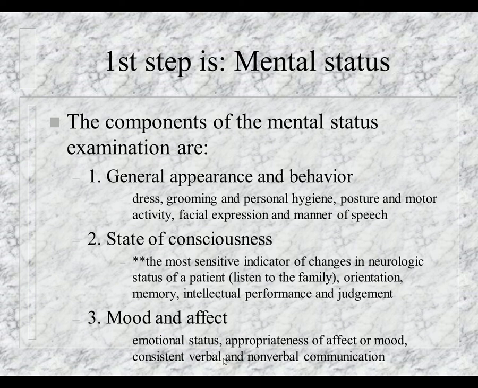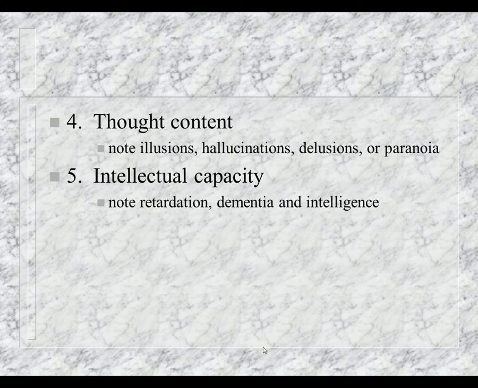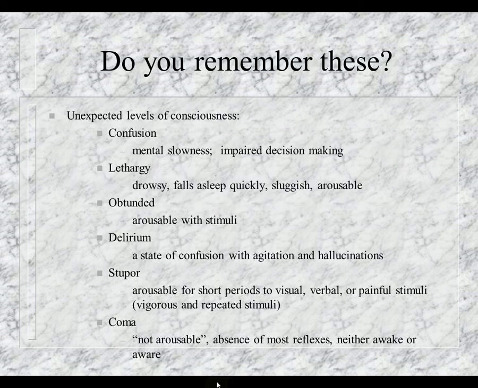Mood and affect. You know, that's important to assess. The verbal and nonverbal cues, are they matching up? Is their emotional status appropriate? Thought content. You know, are they having illusions, hallucinations, paranoia? Intellectual capacity. Do they have some type of restriction, such as dementia or mental slowness in their intelligence?